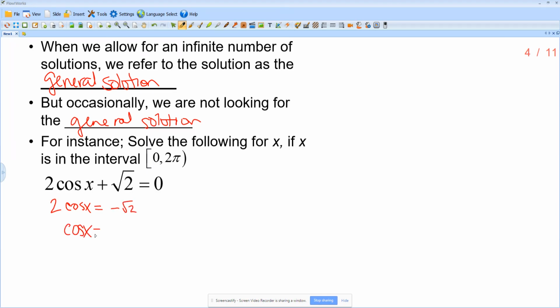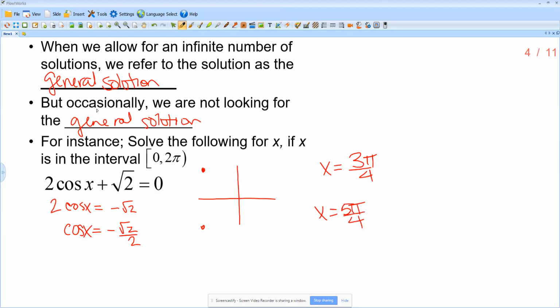So cosine x equals negative square root 2 over 2. In this case, we can go back to our unit circle and say, okay, here's where cosine is negative root 2 over 2. Now this is two different angles. It's x equals 3 pi fourths and x equals 5 pi fourths.